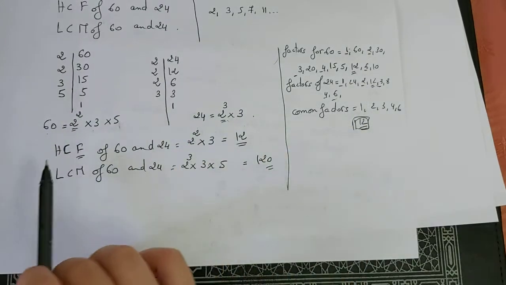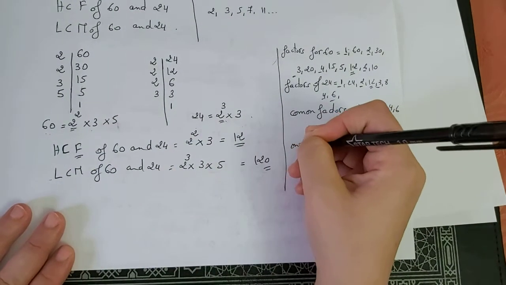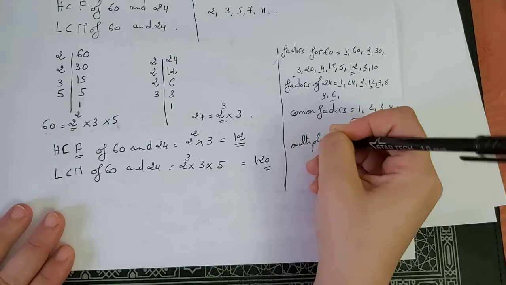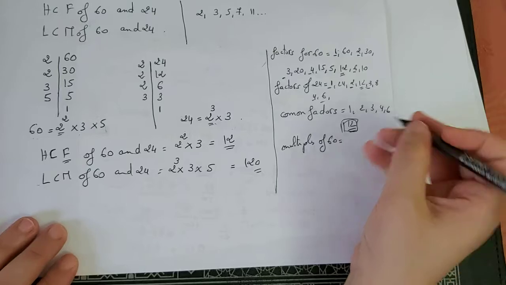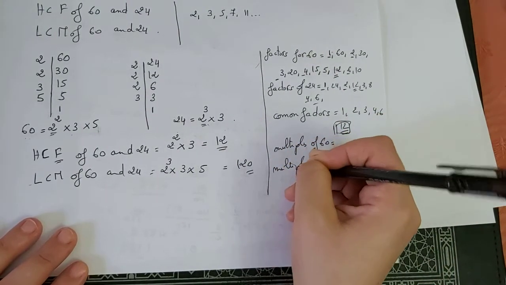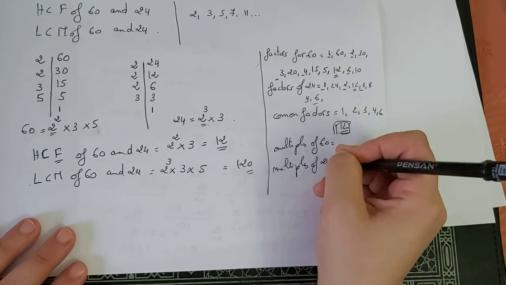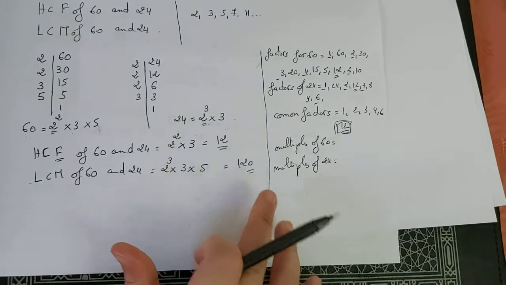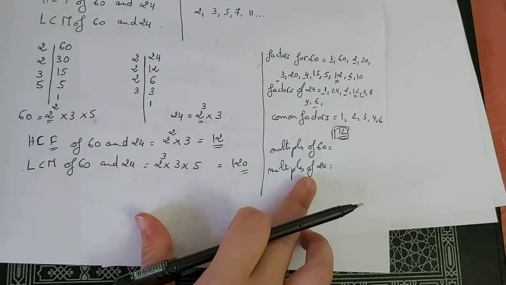I will start by writing multiples of 60, let's say, and I will write multiples of 24. Well, I would advise you always start with the multiples of the smallest number, right?